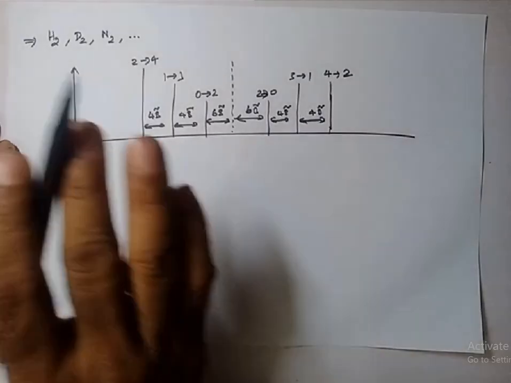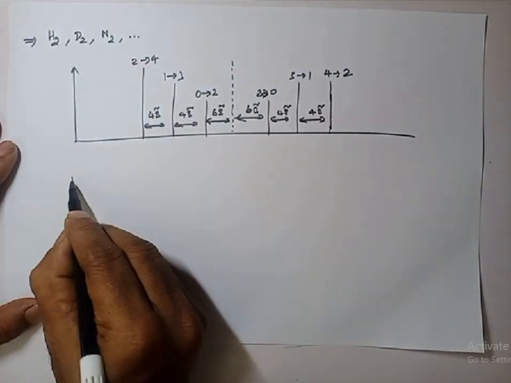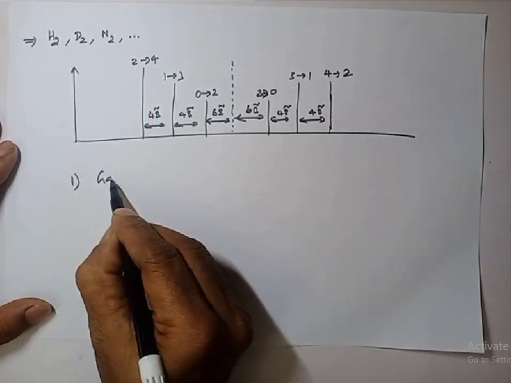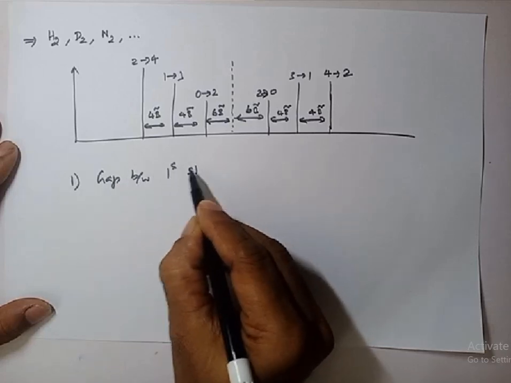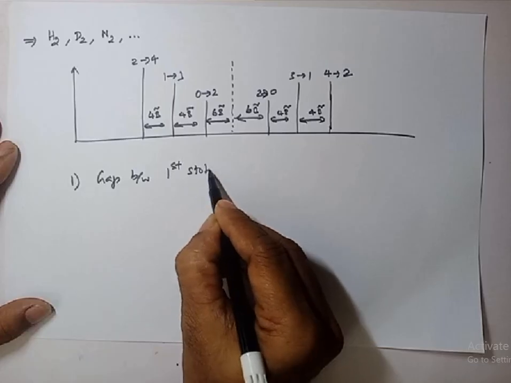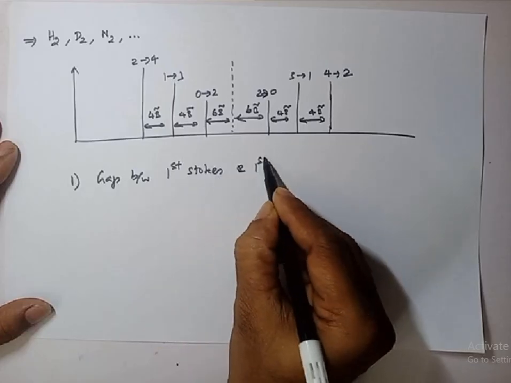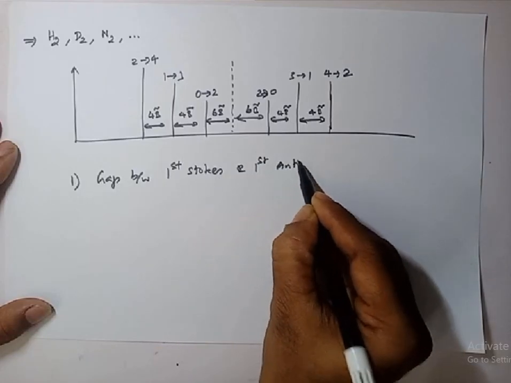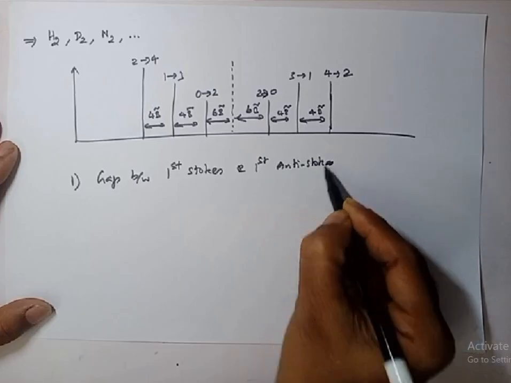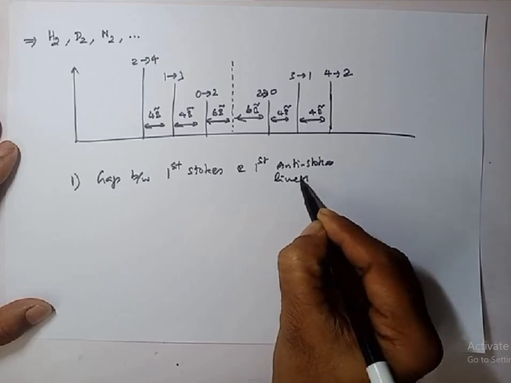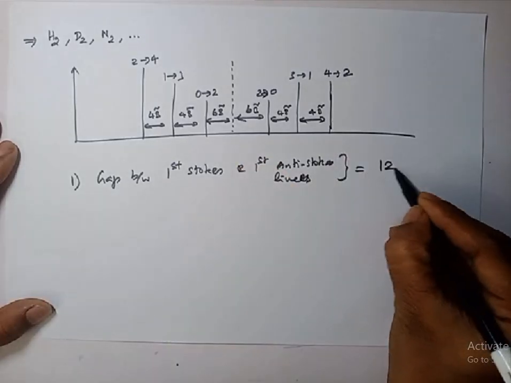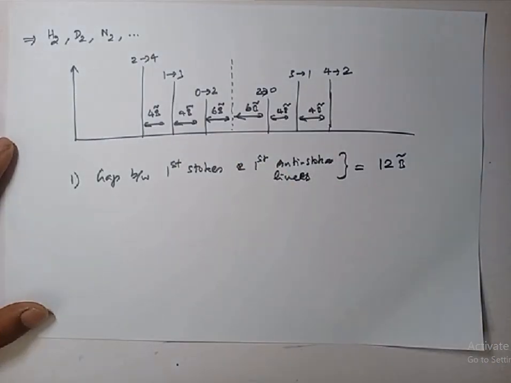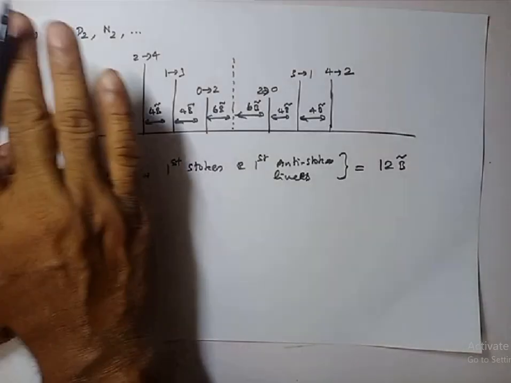Now, try to answer these questions. Question number 1. What is the gap between the first Stokes and first anti-Stokes lines? 12B, correct? This is a normal molecule.